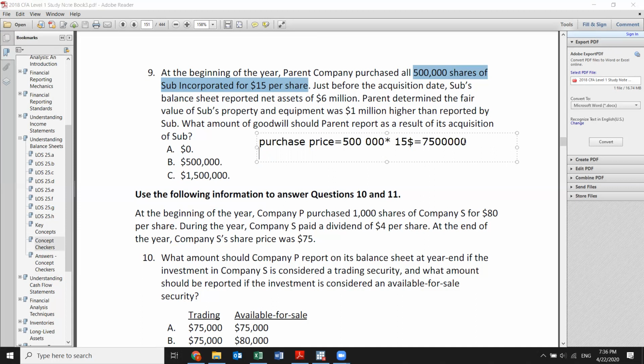So goodwill is the purchase price, 7.5 million, minus the net fair value. What is our net fair value of assets? The net assets were 6 million, and the fair value was 1 million higher, so it equals 7 million. So our goodwill is equal to $500,000. Okay, this is the answer. We can select B.